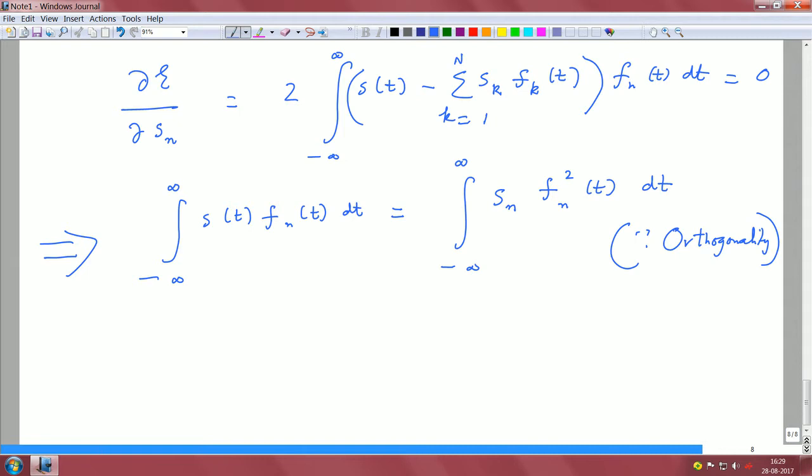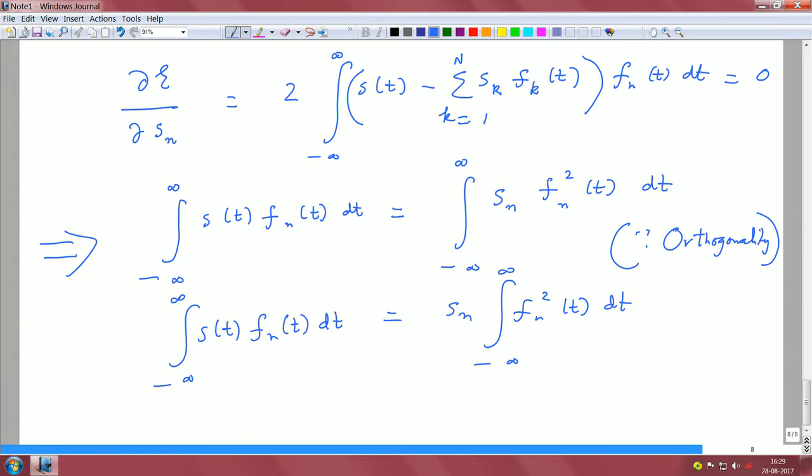But now if you want them to be orthonormal, I would say this is S_n, this beast is just going to be the integral of F_n squared dt, this could be 1, because of orthonormality.